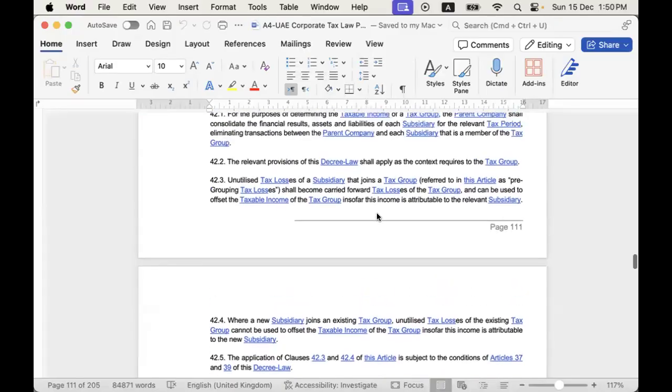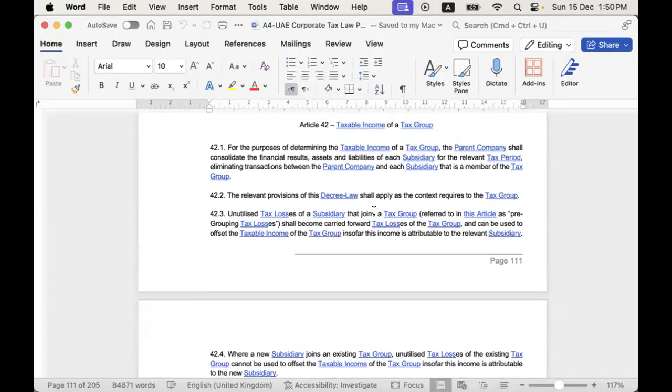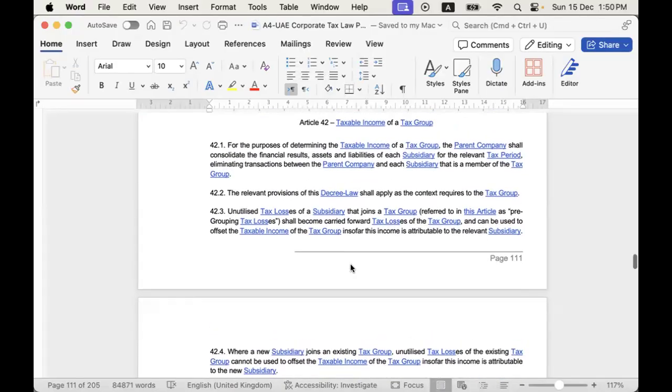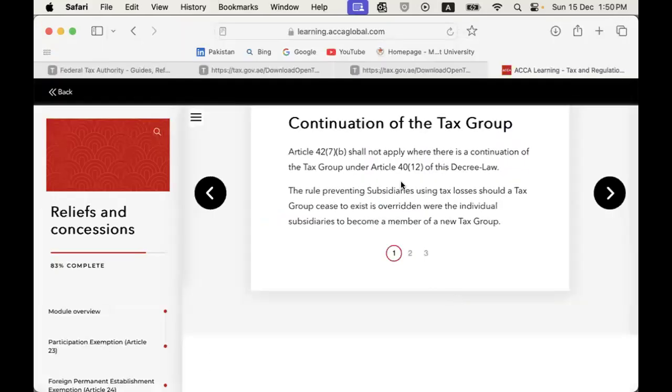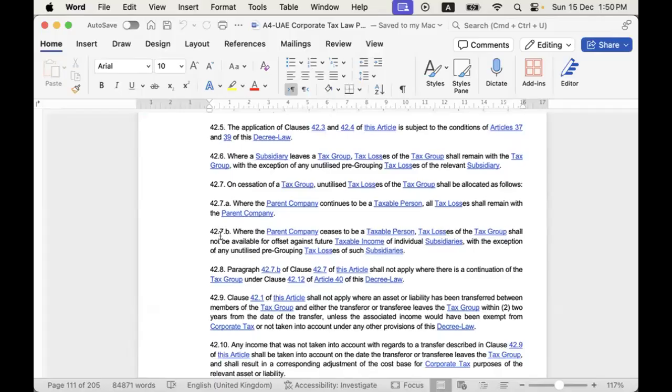So it's a big article, basically unutilized losses of subsidiaries that join. This we all read. We see which rule we were looking at. Article 42 7b shall not apply. Okay, what is Article 42 7b?